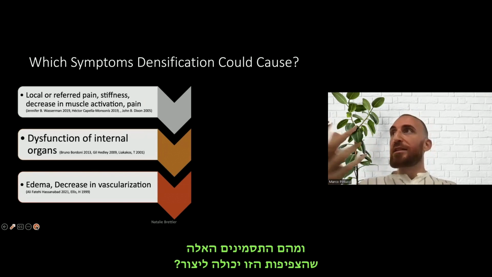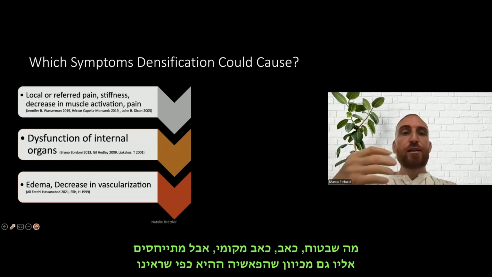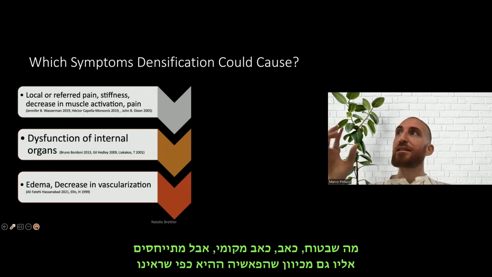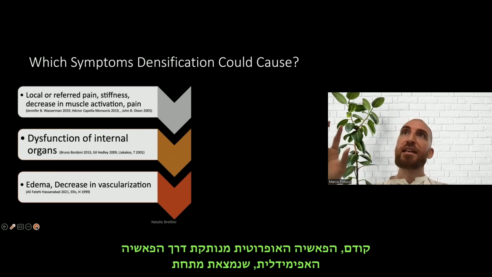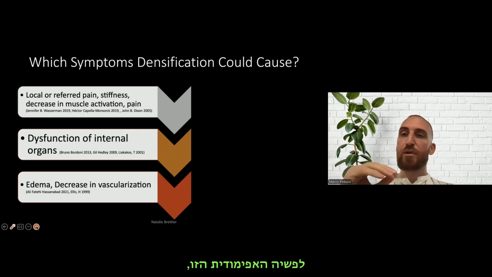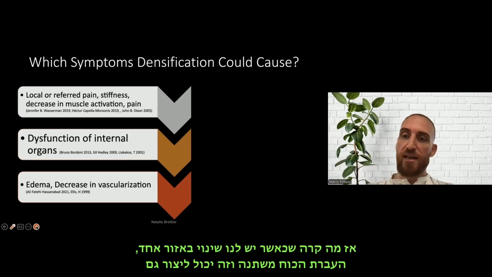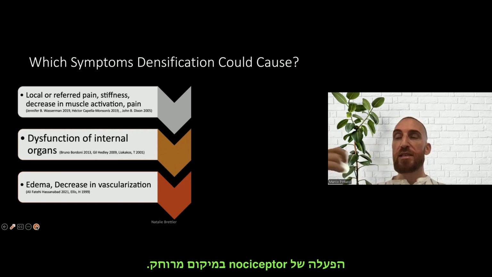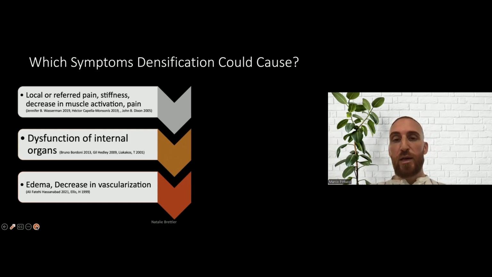And what are the symptoms that this densification can create? For sure, pain, local pain, but also referred pain, because the fascia, as we saw before, the aponeurotic fascia, is connected through the epimysial fascia, which is below this aponeurotic fascia, through myofascial insertions. So when we have an alteration in one area, the transmission of force is altered, and this can also create the activation of nociceptors in a faraway location.